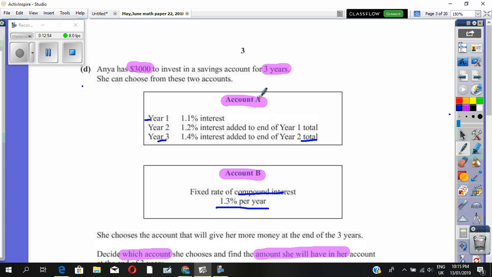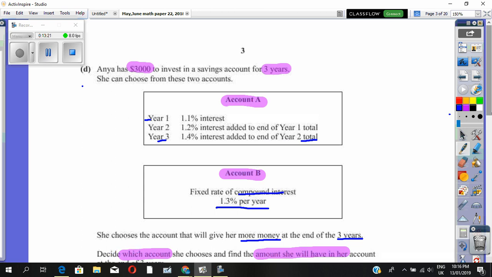Then she has an option of account A, which is given, year 1, year 2 and year 3. She chooses the account that will give her more money at the end of 3 years. This is very important, she wants to choose the account that gives her more money, and the time duration is the same.